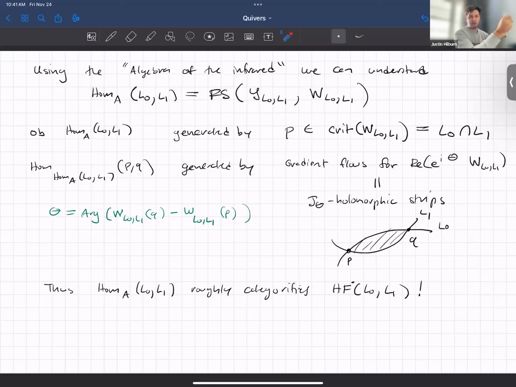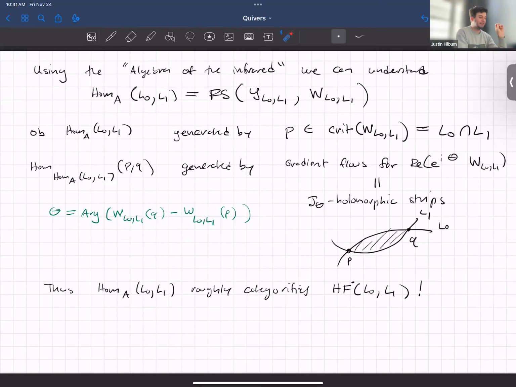But there are exceptional angles: if you take the argument of the difference of the values of my superpotential on P and on Q, that's an angle. If you take e to the i theta times the superpotential and take the real part, you actually will find some gradient flows. That's a surprise that's going to happen.